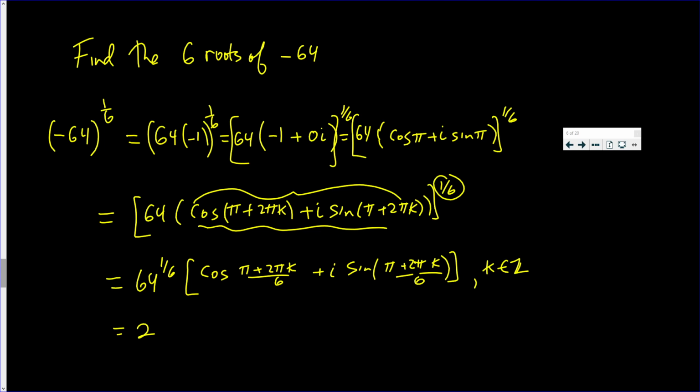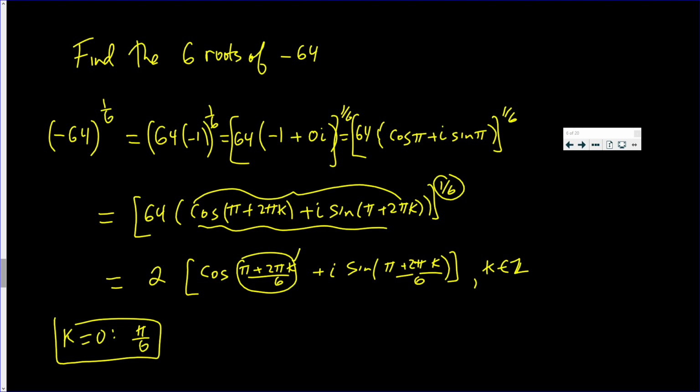So, just to save space, I'm going to erase this and I'm going to put 2. Now, what values can k be, so this doesn't start repeating? For example, when k is 0, we get pi over 6.